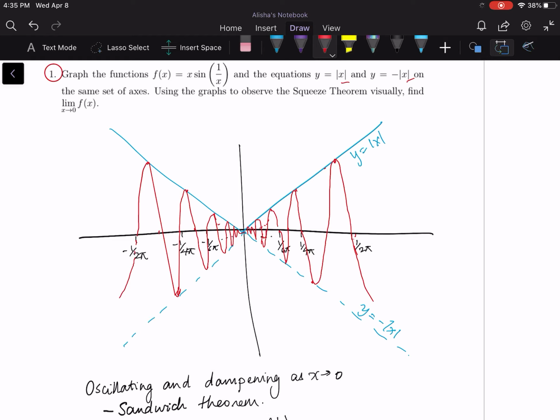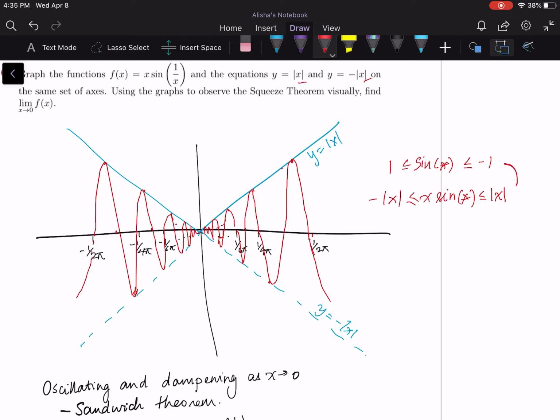And we're going to use the fact that sine of anything is between -1 and 1, and therefore x times the sine of anything is going to be at most the absolute value of x and at least the negative absolute value of x. So think about this and make sure you're comfortable with that reasoning.